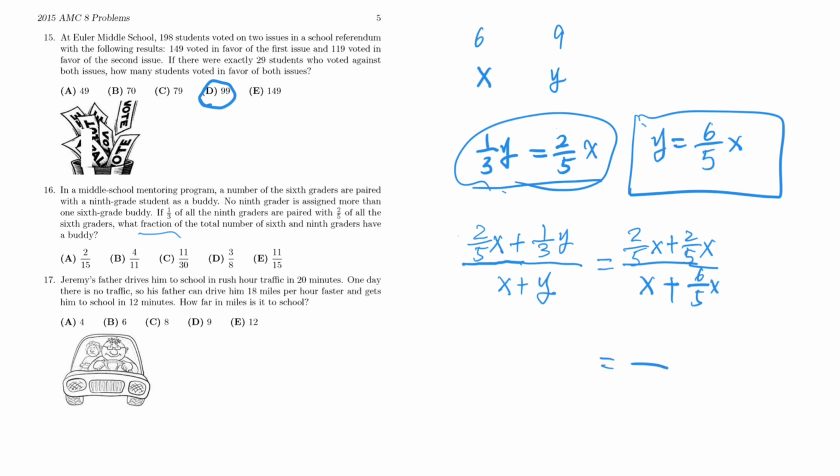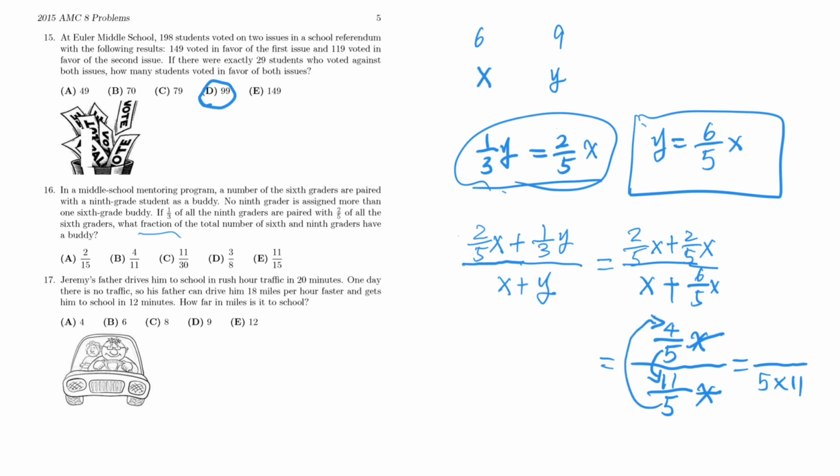Now we have the numerator, that's 4/5 X. Denominator, that's 5/5 X plus 6/5 X, that's 11/5 X. Now we cancel X. So we can use inside times inside for the denominator, 5 times 11.